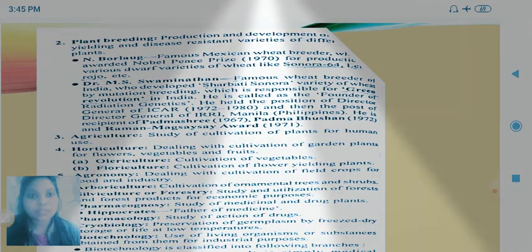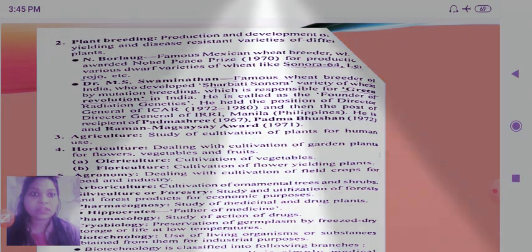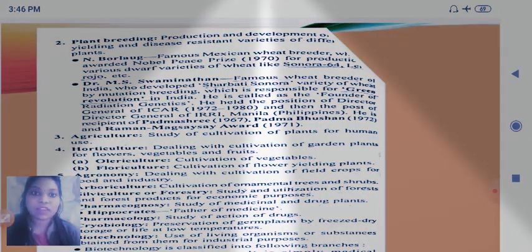Borlaug, the famous Mexican wheat breeder who was awarded the Nobel Peace Prize, developed Sonora 64 and Sonalika, some dwarf varieties of wheat. These are some improved varieties of wheat.